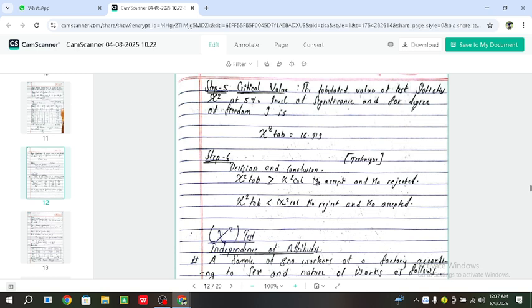If the tabulated value is greater than calculated, then always remember that the null hypothesis is accepted, and the alternative hypothesis HA is rejected. If the same but in reverse, the calculated value is greater than tabulated, then the same language, but here HA, that means the alternative hypothesis is accepted and the null hypothesis is rejected.